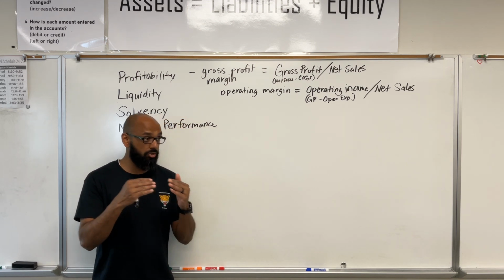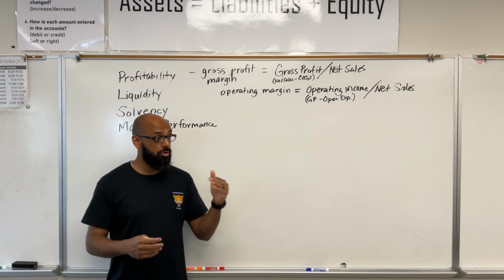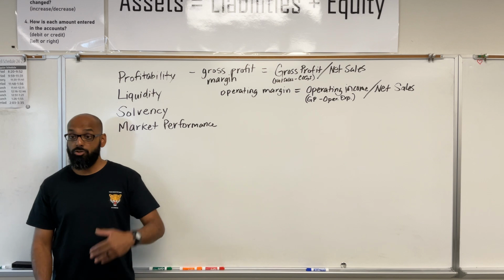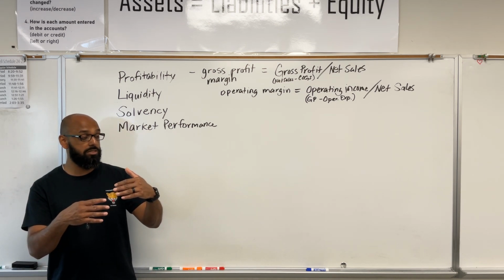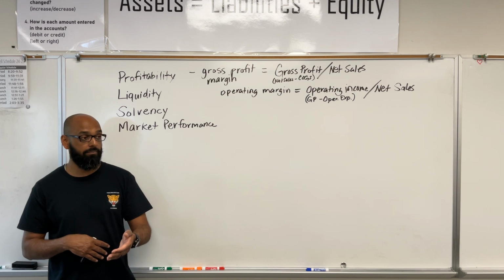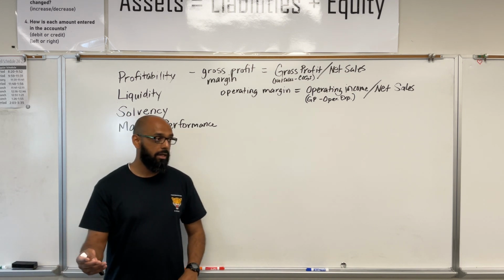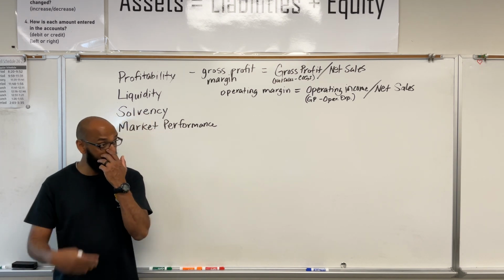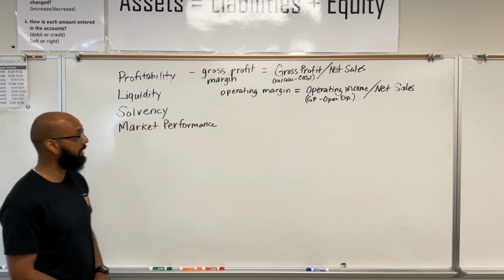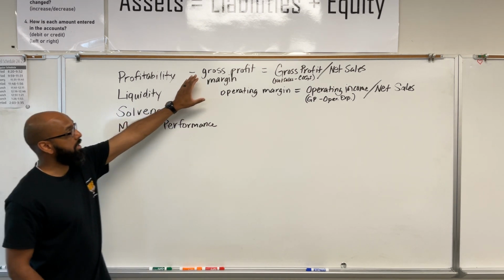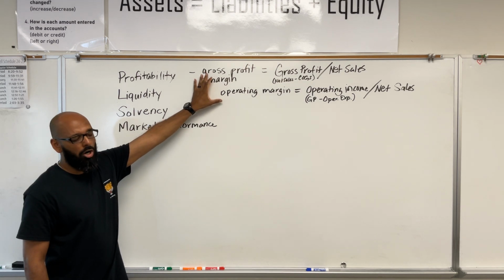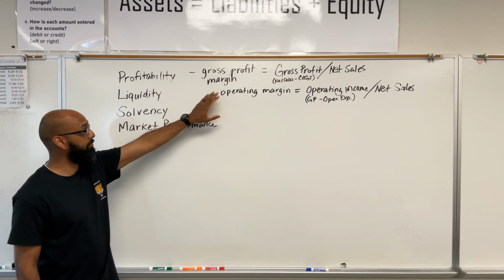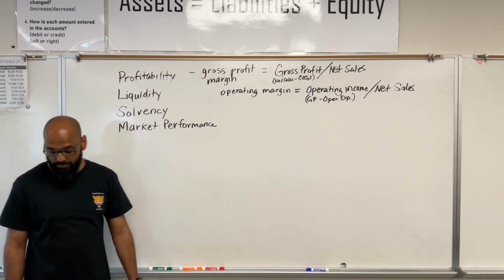So then you take your net sales minus your cost of goods sold, that gives you your gross profit, and then you list out all your operating expenses. And then you take your gross profit minus your operating expenses, and that gives you your operating income. And then we took away income tax, and then we had our net income before and after federal income tax, right? And so this is primarily, if you think about this, our vertical analysis on our income statement. It's our gross profit margin, our gross margin, and our operating margin.